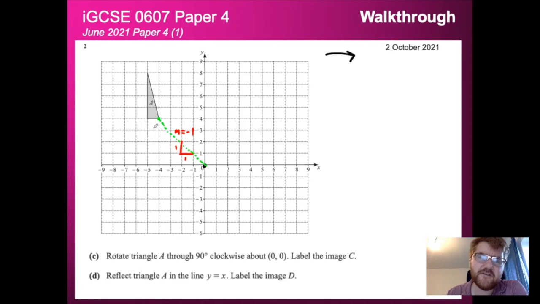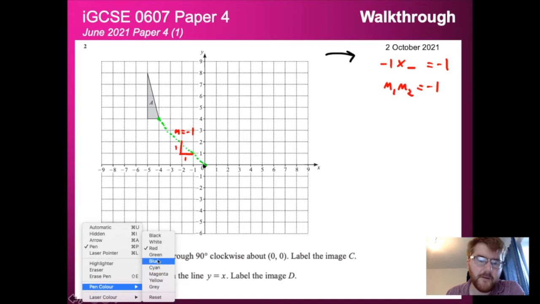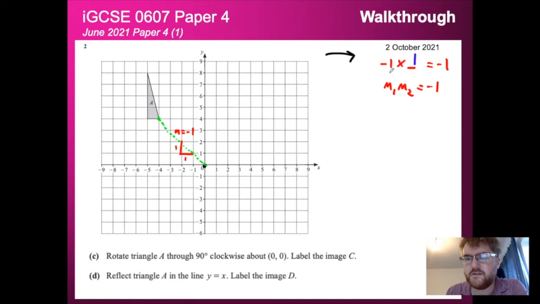The way we can find the rotation point here is to find the gradient of a line that's perpendicular to this. So what do I mean by this? Well, I want -1 times something to equal -1. This is a fact you may have seen in school: m1 times m2 equals -1. So I need a number that fits in that gap, and that number is going to be 1, because -1 times 1 is equal to -1.